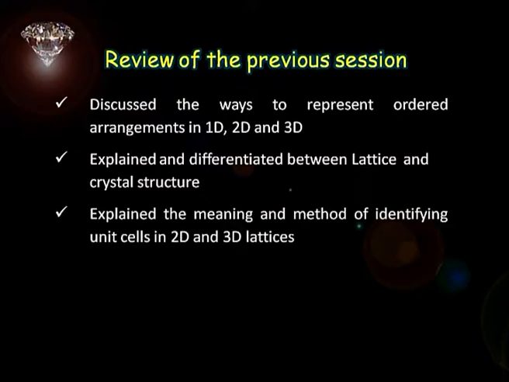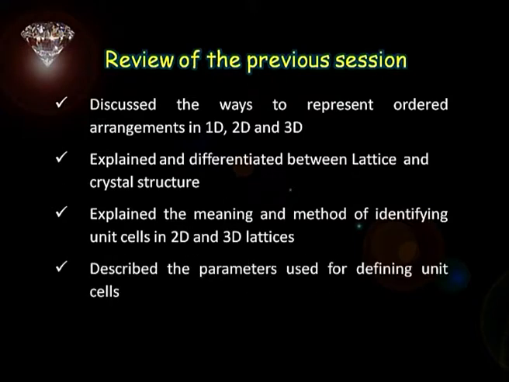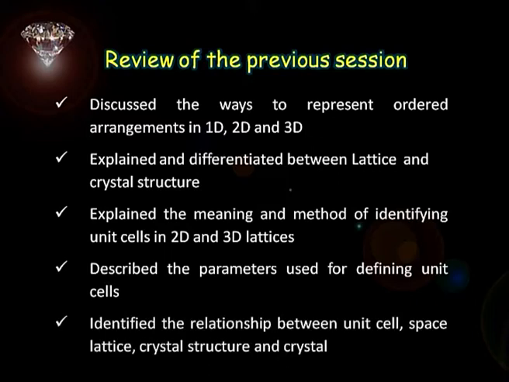Thereafter, we explained the meaning and the method of identifying the unit cells in a 2-dimensional lattice as well as in a 3-dimensional lattice. Thereafter, we described the parameters used for defining the unit cells. This was followed by identifying the relationship between unit cell, space lattice, crystal structure and the crystal, what you see in the microscopic world.